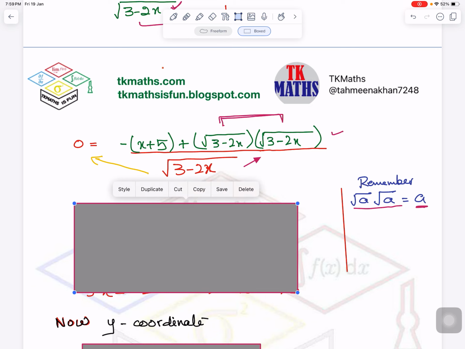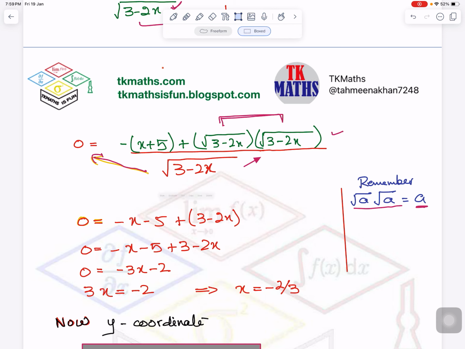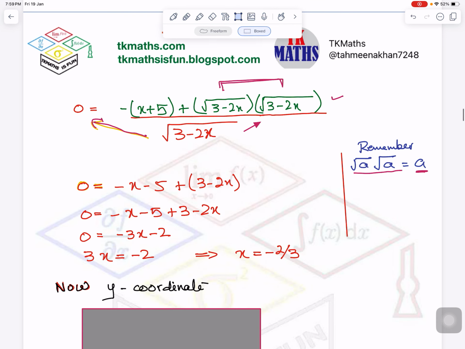And of course this 3 minus 2x is multiplying by 0, cross multiplication, so it will disappear, because anything multiplied by 0 is 0. That's why I got minus x minus 5 from here, and then plus 3 minus 2x. With simple expansion of the bracket, you will get the value of x as minus 2 upon 3.